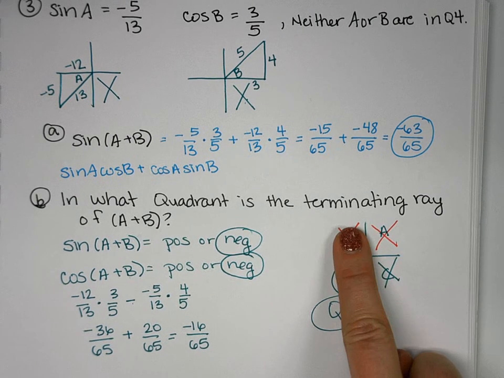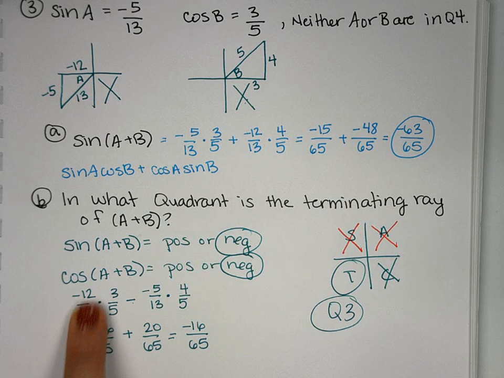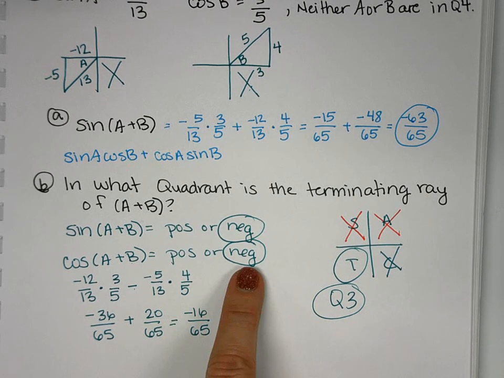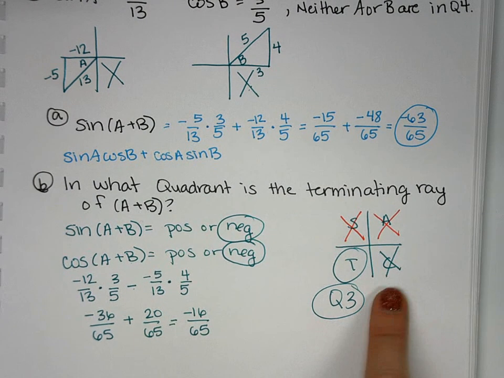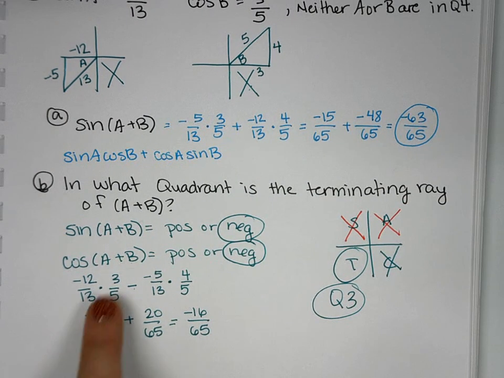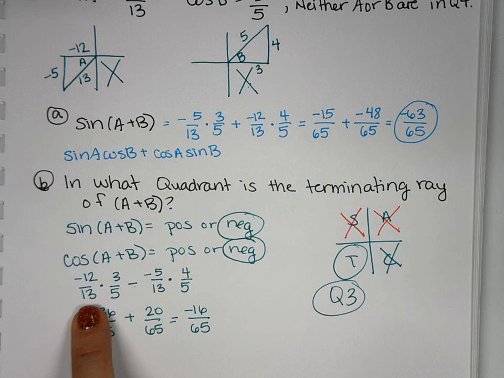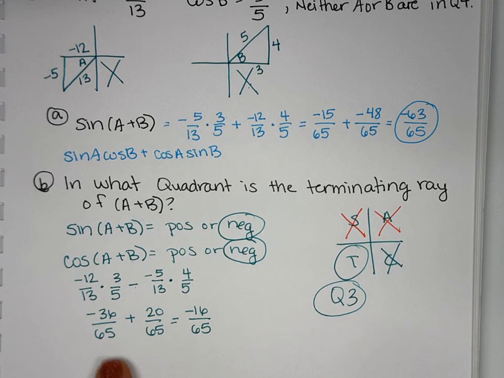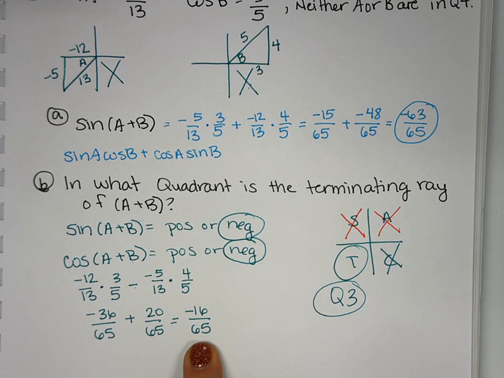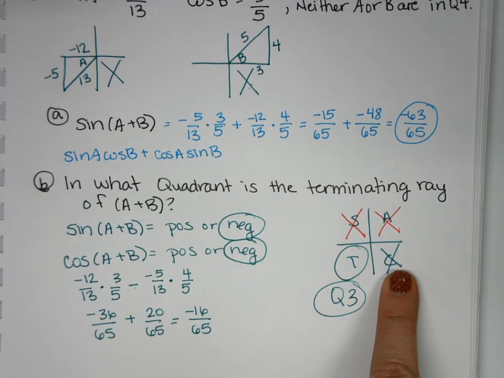So then I have to figure out what is cosine of A plus B. Is it positive or negative? Because that'll help me eliminate one of these two remaining. So using the same pictures up here, use the addition rule, or in this case subtraction, to plug in the values and figure out, do you get a negative or a positive? Because I got a negative, it meant I couldn't be in quadrant 4, so I have to be in quadrant 3.